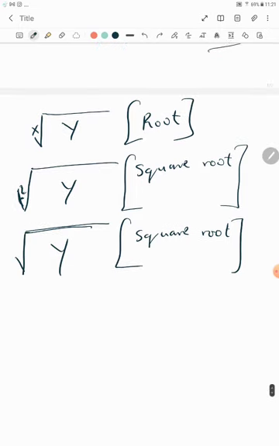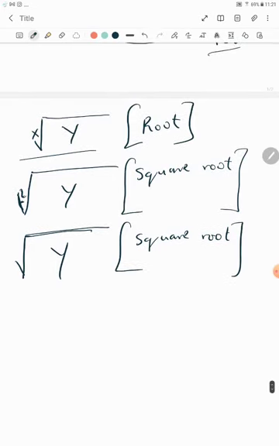This is the symbol of roots, but with the number that may be in place of this x, we can mention their name. This is a square root because 2 is not written, but you must see it as if 2 is there. If it is not 2 that is there, definitely every other number will be written.